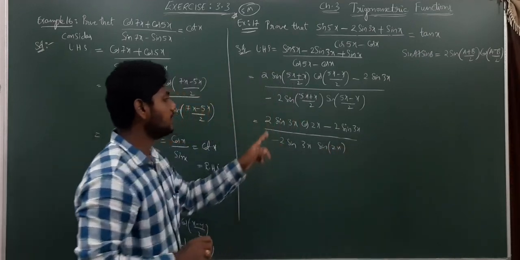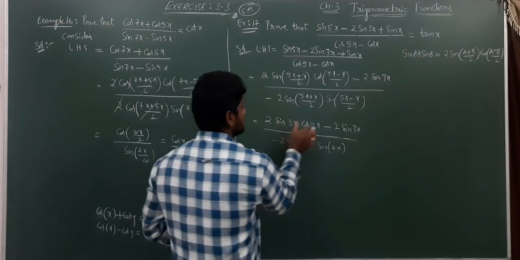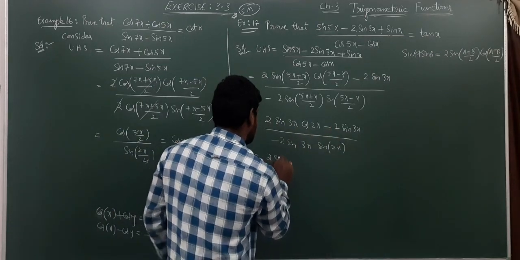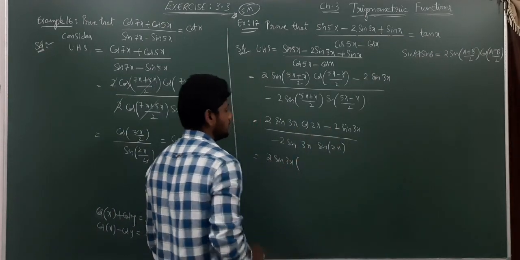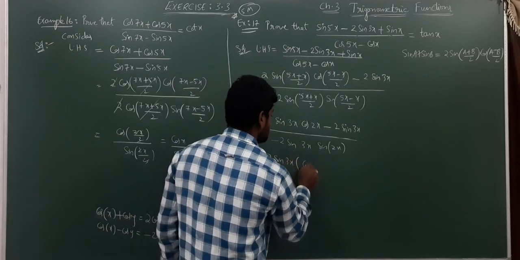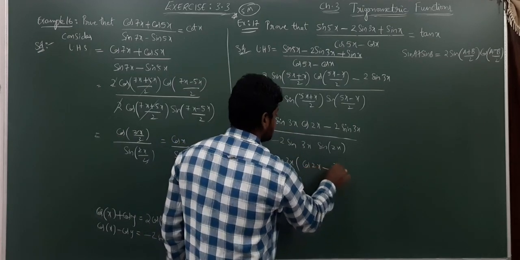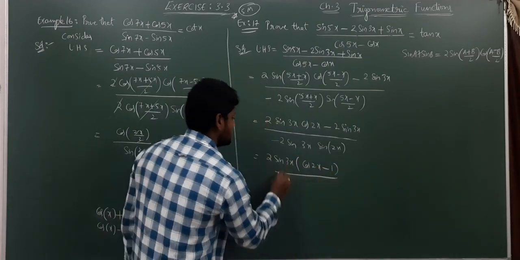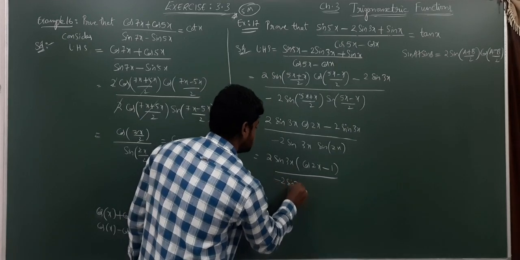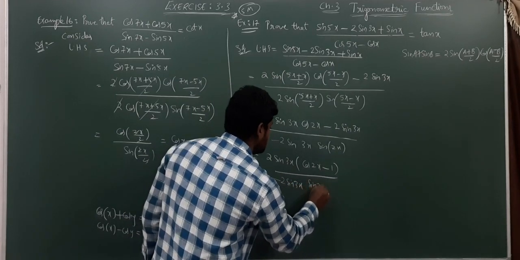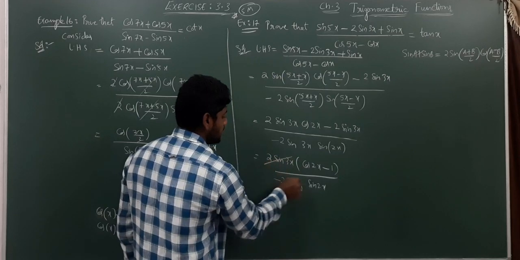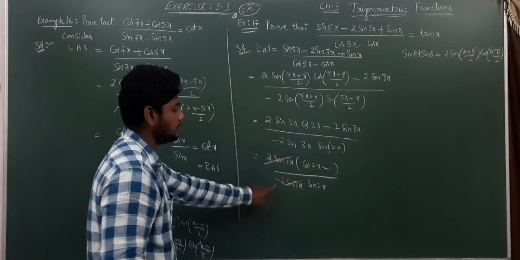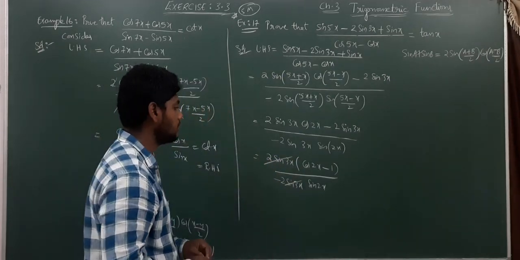So from the numerator, what can we take common? Observe from these two. We can take 2 sin 3x common. If we take 2 sin 3x common, this is cos 2x minus 1, divided by minus 2 sin 3x into sin 2x. So 2 sin 3x cancels. So here the minus is there, that you remember.